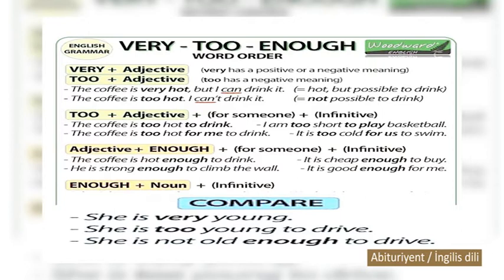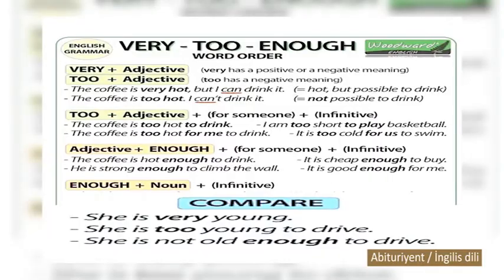Very plus adjective, too plus adjective. What does it mean? It means that "very" and "too" come in front of the adjective but not after the adjective. For example, very hot, or very interesting, or very important. Too hot, too interesting, too important.